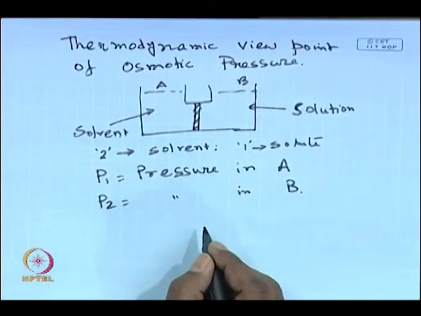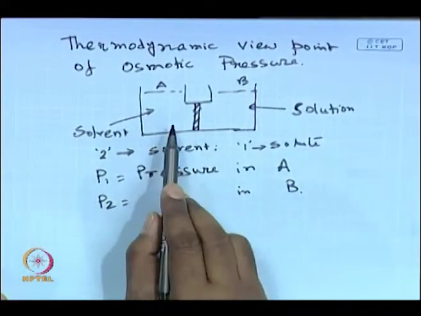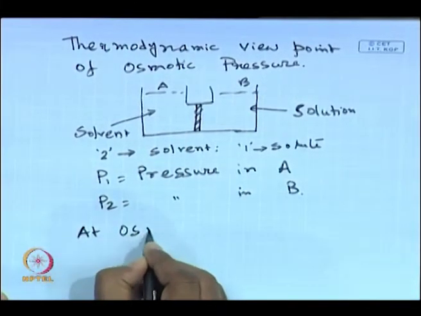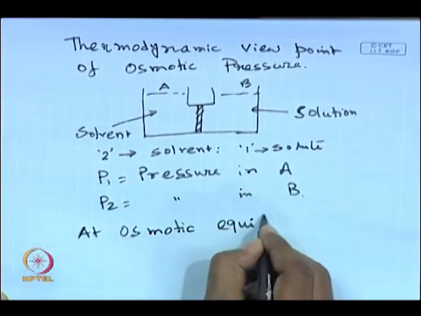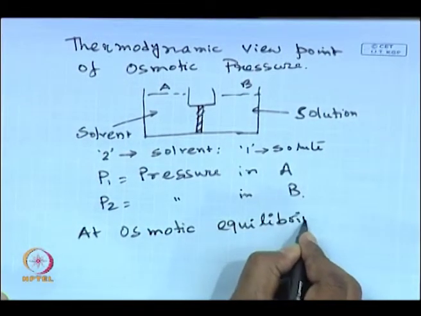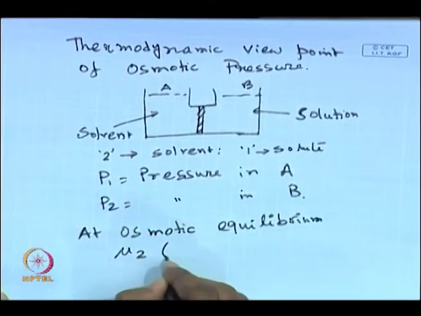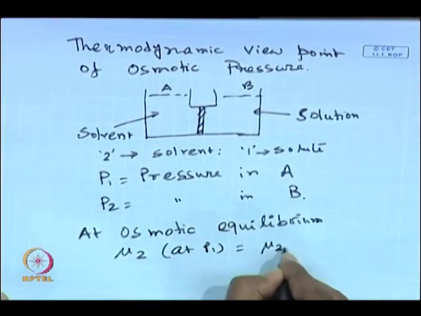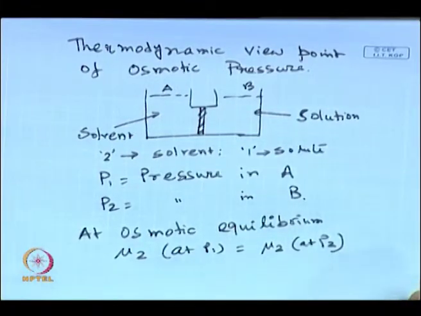Now, at osmotic equilibrium, the chemical potential of the solvent is equal in both the chambers. Okay.